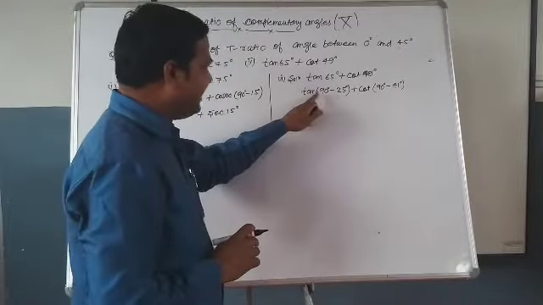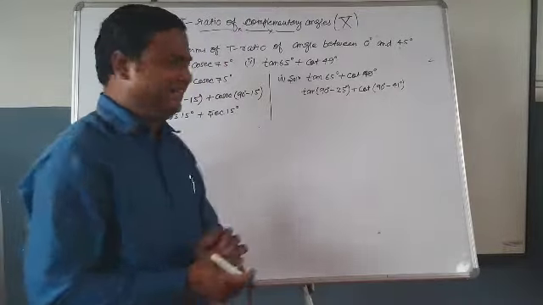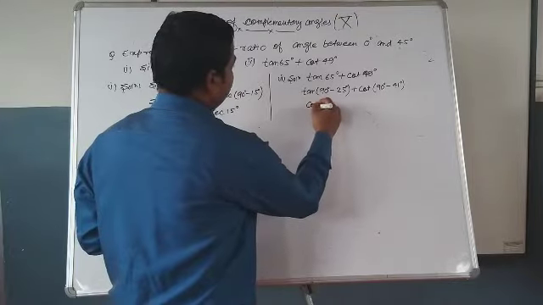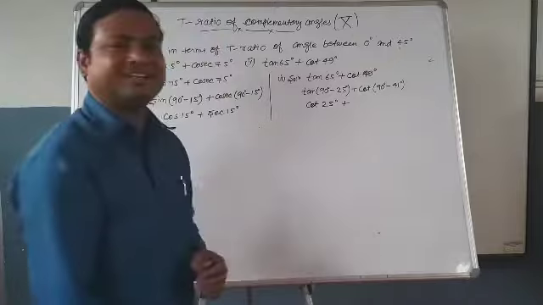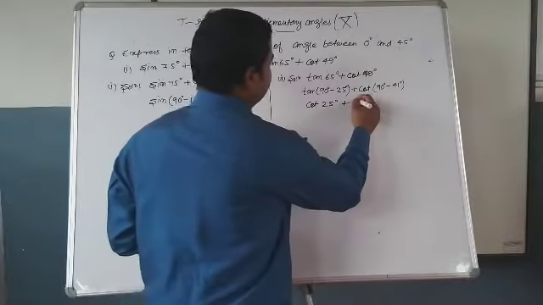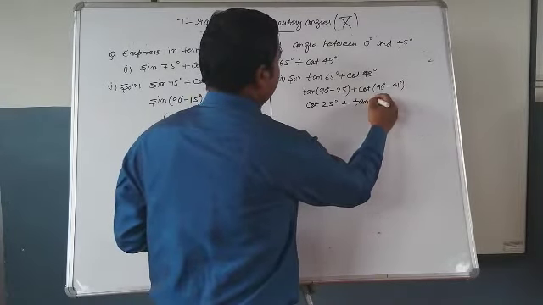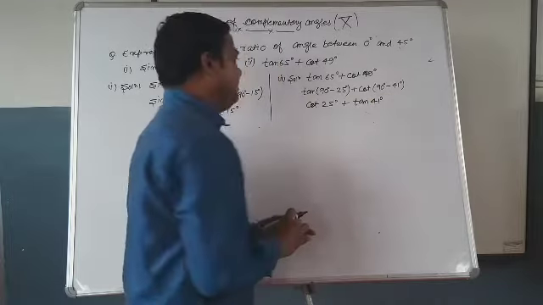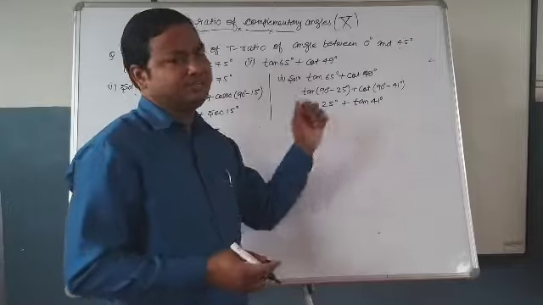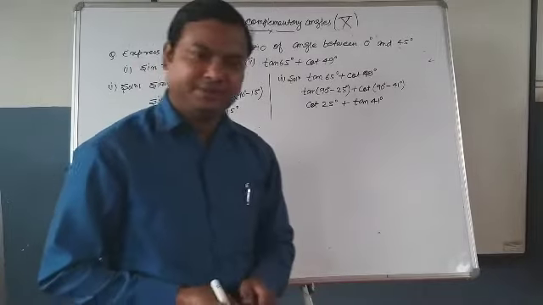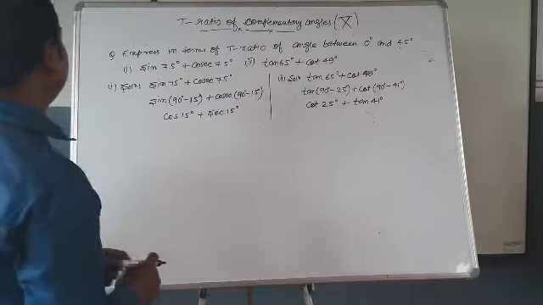Now tan (90 minus theta) equals cot theta, with theta 25 degrees, plus cot (90 minus theta) equals tan theta, so tan 41 degrees. Now 25 degrees is between 0 and 45, and 41 degrees is between 0 and 45. Now move to the next question.